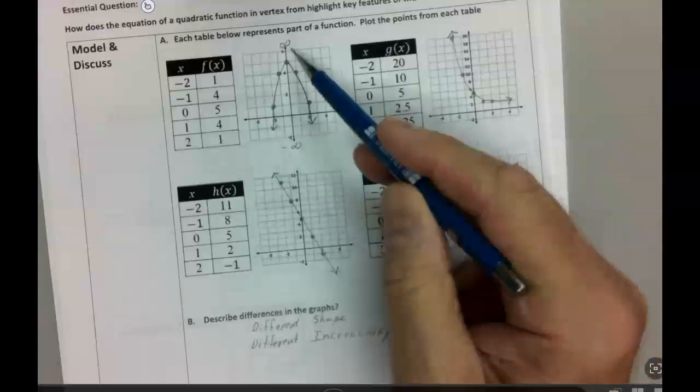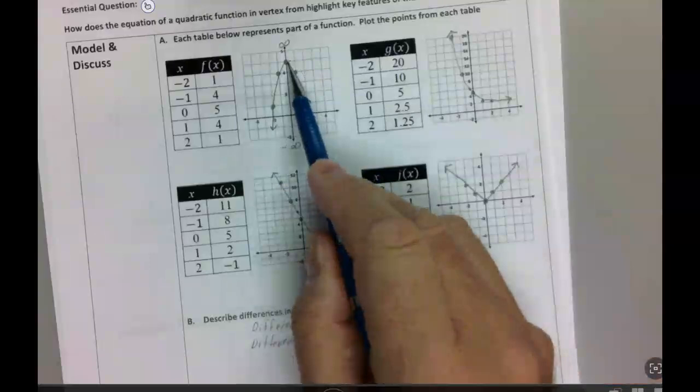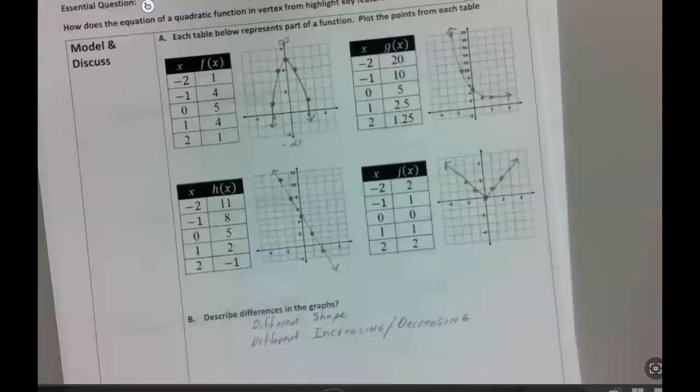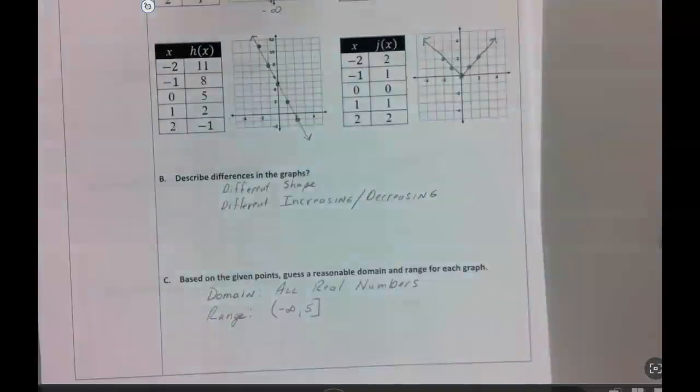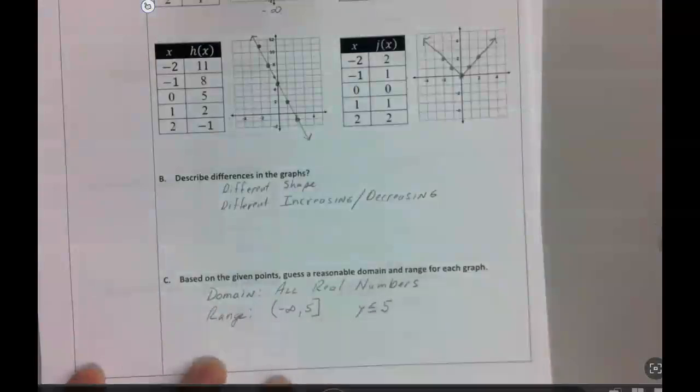Floor to ceiling. So is it ever going to go above 5 for y? No. So your range for this one here, for the parabola, is negative infinity to 5. You could also say y are all values less than or equal to 5 as an inequality. Okay?